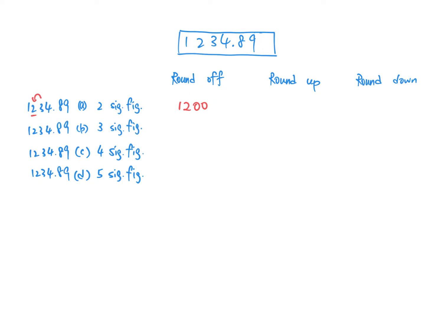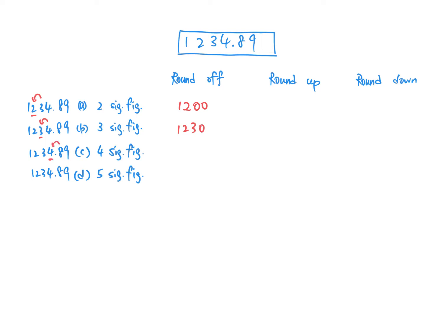Then part B, if we round off to 3 significant figures, again we see if we need to add 1. The next figure is 4, so we do not need to add 1. So 1, 2, 3, and then the rest is replaced by 0. Part C, round off to 4 significant figures.